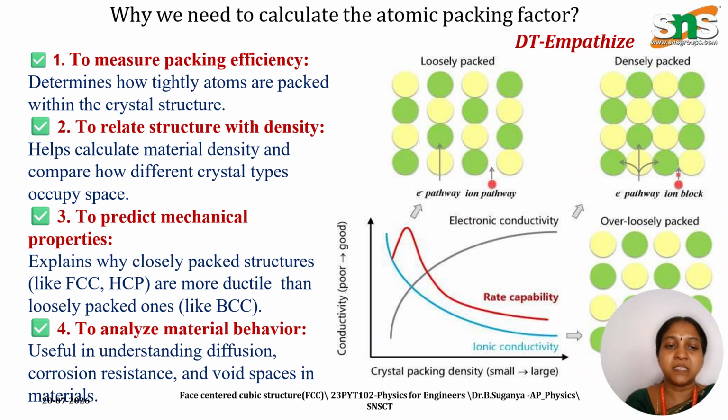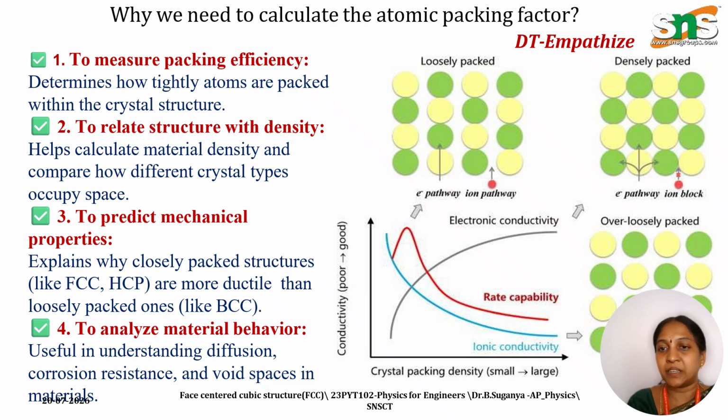That means it explains why closely packed structures are more ductile than loosely packed ones. In the BCC structure the atoms are loosely packed, and FCC and HCP are tightly packed structures. Next, to analyze the material behavior, it is useful in understanding diffusion, corrosion, and resistance. All this we can analyze using the atomic packing factor.